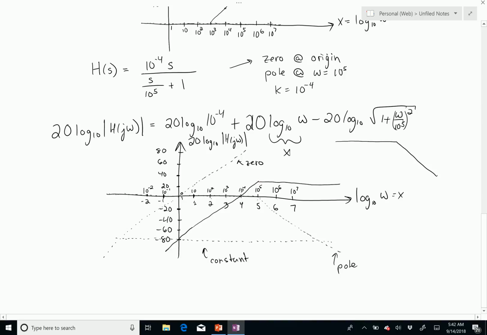Effectively, what I'm seeing is a 0 pushing me up, a pole pushing me down. If one is pushing at a constant rate upward and the other is pushing at the same constant rate downward, the total effect is that I'm just staying flat. All right, so this is our combined effect.